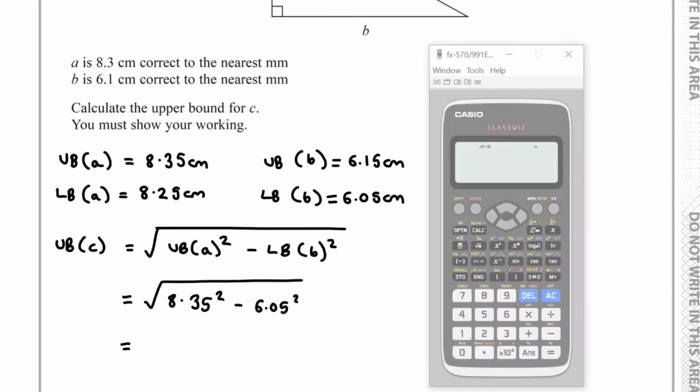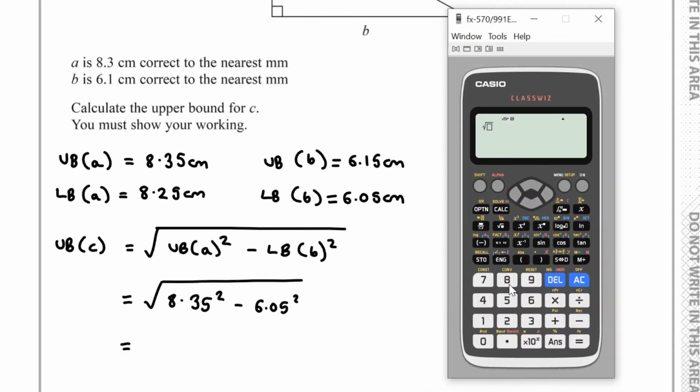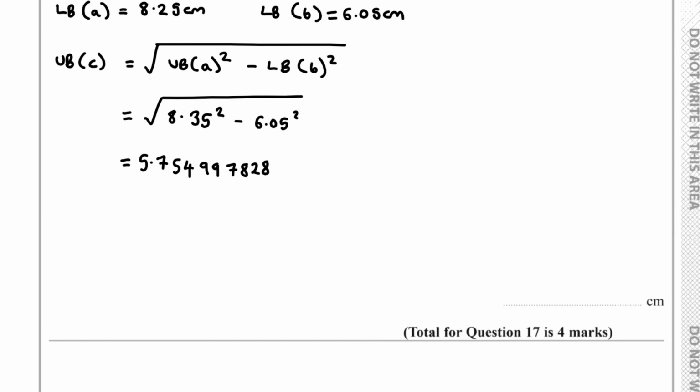If I work this out, we've got the square root of 8.35 squared minus 6.05 squared, which is 5.754997828. So this value here is the upper bound of C.